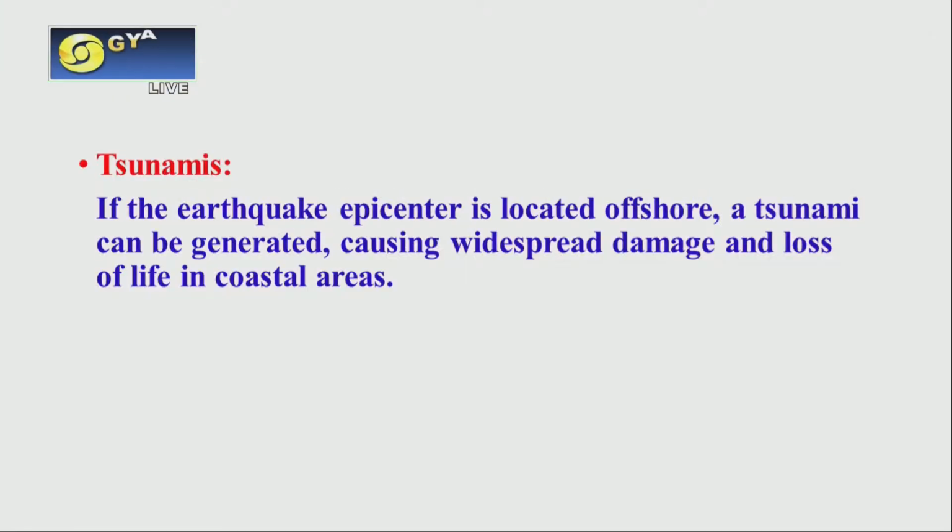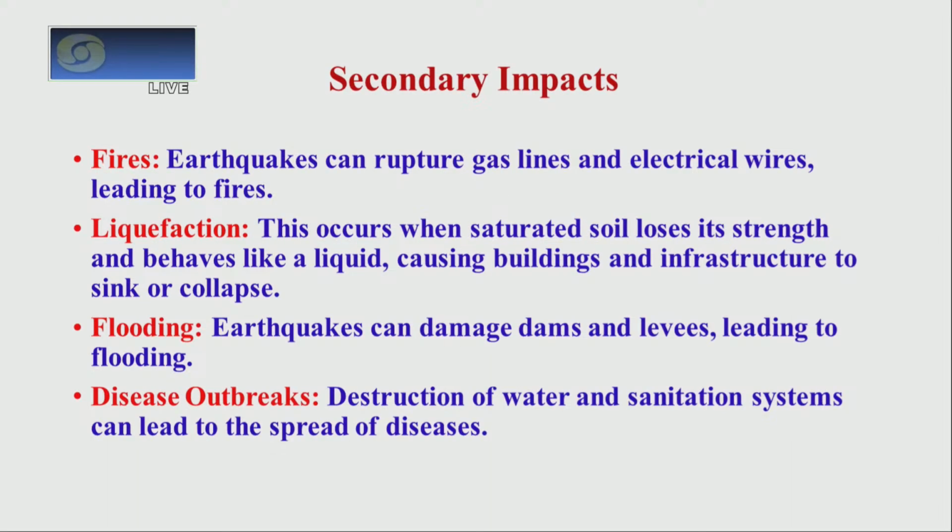Then tsunamis, as I told you, may occur when the earthquake event occurs under the sea and a large water body mass gets disturbed, and that energy is transferred to the seashore area. Then there are high waves or high tides there.